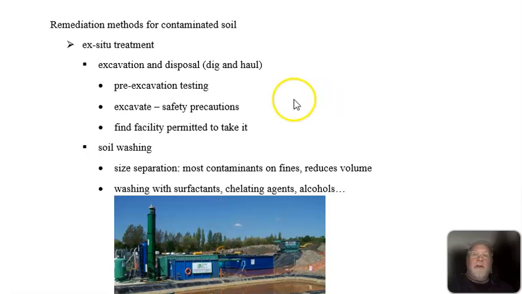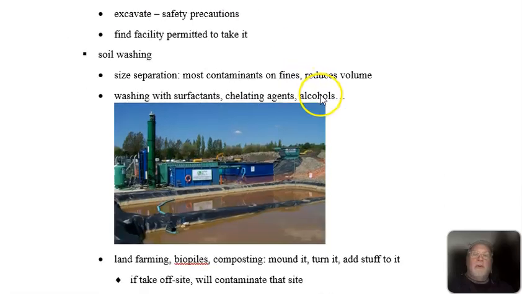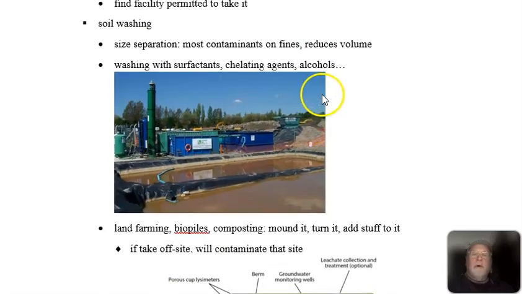One of the ex situ methods, where you take it out of the ground, is soil washing. So soil washing, there's usually a couple processes here. Size separation. Most of your contaminants are on the fines. So if you can separate those out, you can reduce the volume that you have to deal with and reduce the volume you have to buy.